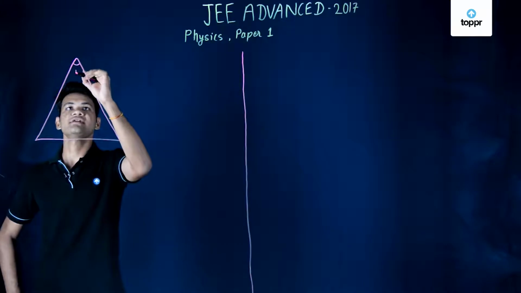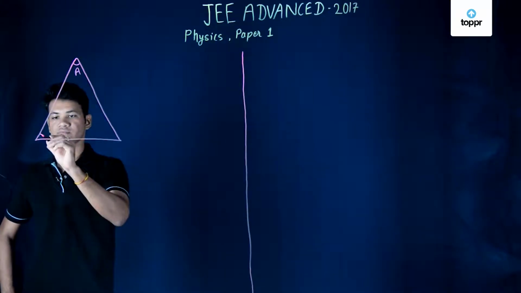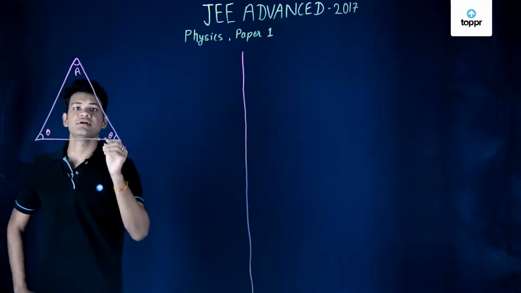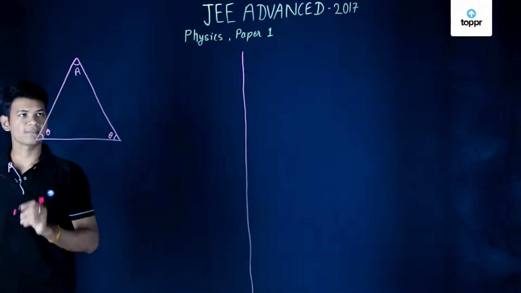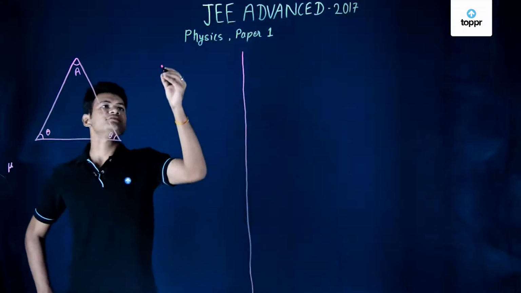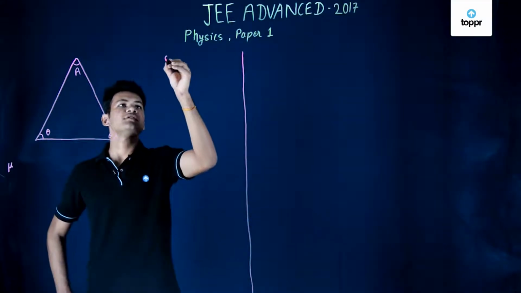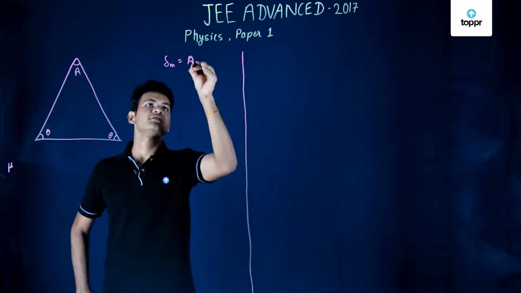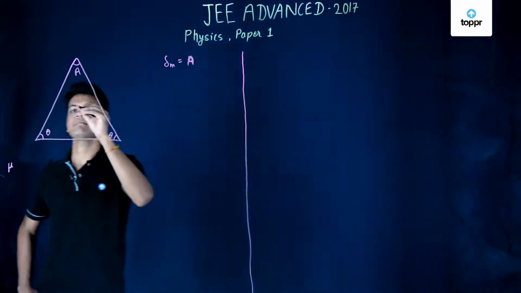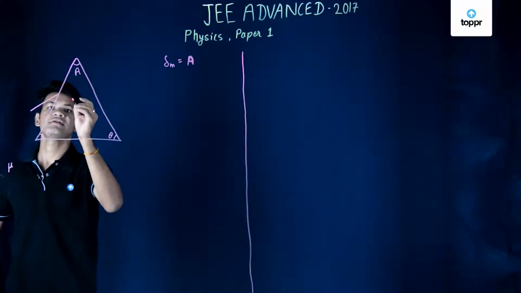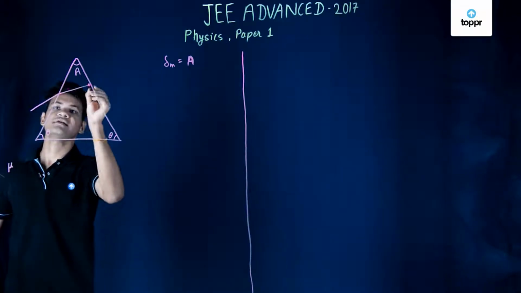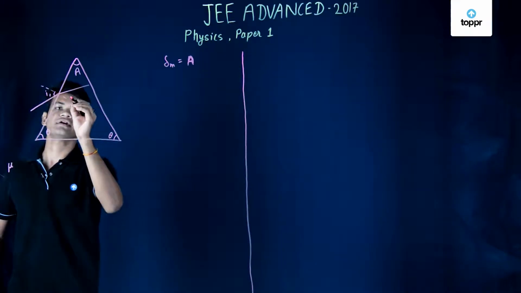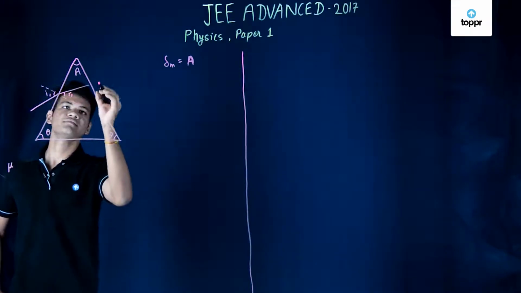Prism of apex angle A, isosceles prism, so angle theta let us take, and theta here, and refractive index let us take as mu. So they've given the minimum deviation delta m is equal to A, and for the first option they want us to find out the relation between the incident angle I1 and the refracted angle R1.